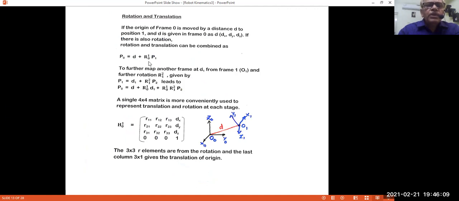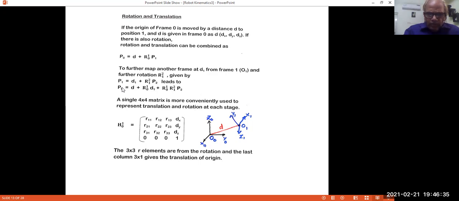Next, the same thing we'll see in some different detail. Same thing, P0 is equal to distance plus R10 P1. Suppose this frame is further moved to another position by a distance D1 and then further rotated, represented by R21 matrix. Then we have P1 is equal to D1 plus R21 times P2, just like this. Now it's a relation between frames 1 and 2.